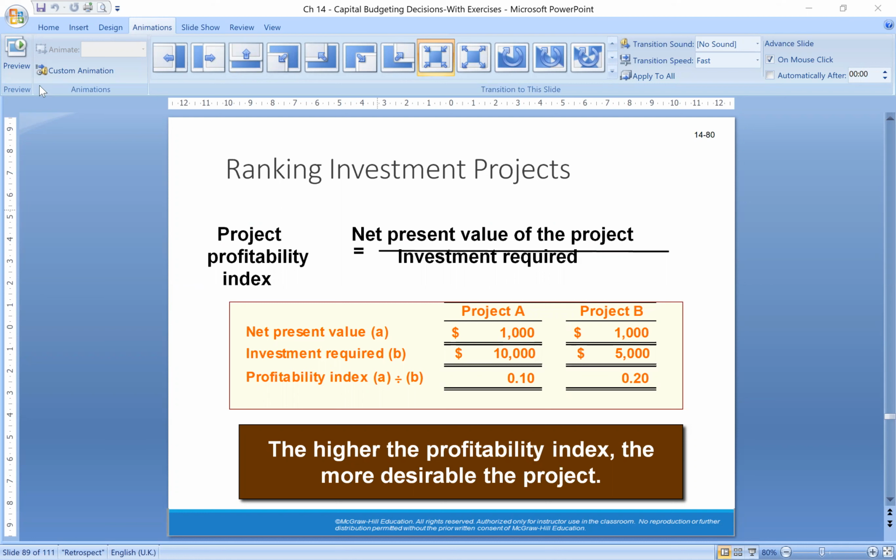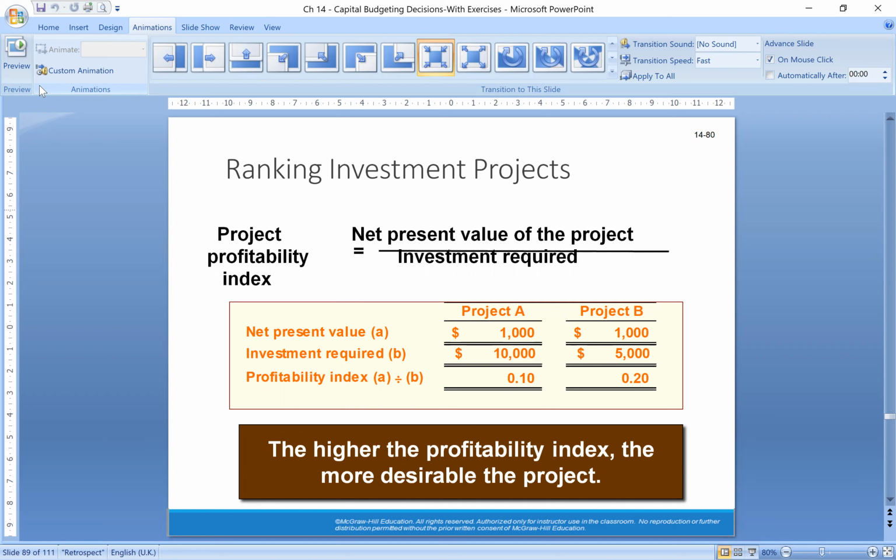So we cannot compare the two projects because the initial costs are not equal. Suppose that we have the same net present value for the two projects, but the investment required is different. Then we cannot use net present value to compare the two projects.